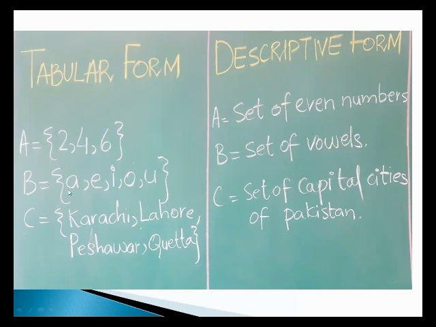Now B is A, E, I, O, U, and we identify that they are vowels. So in descriptive form, we can write set of vowels. C is Karachi, Lahore, Peshawar and Quetta, and we identify that they are the important cities of Pakistan. So we can denote this set in descriptive form as set of capital cities of Pakistan.